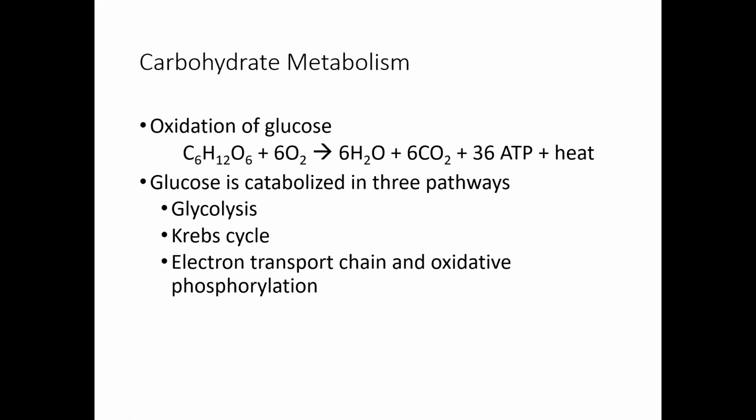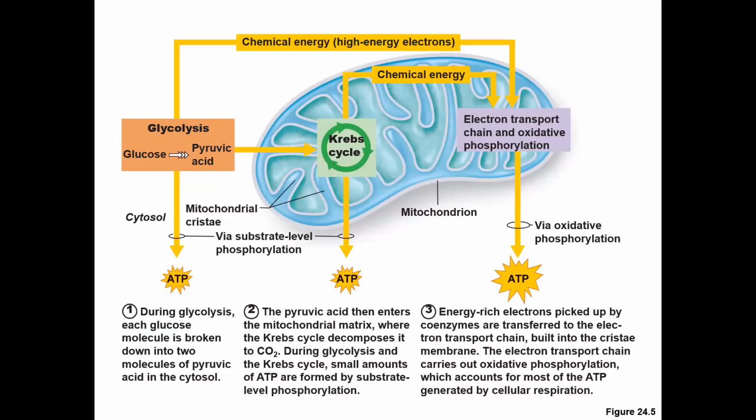Now, there are 3 ways we get this ATP: glycolysis, the Krebs cycle, and electron transport and oxidative phosphorylation. This is a very busy slide, but it does show you where everything's happening.